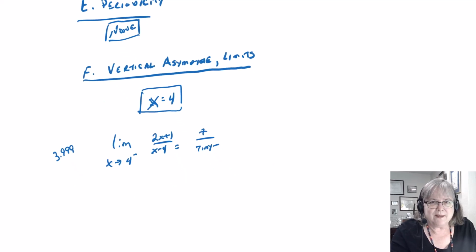And as we discussed in great detail in the limits section, you don't really need values, but if you know you have a positive something divided by a wee little tiny negative number, you have a negative huge number. So this is negative infinity.